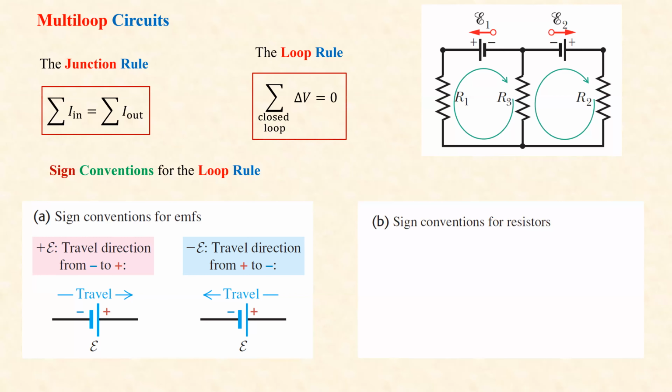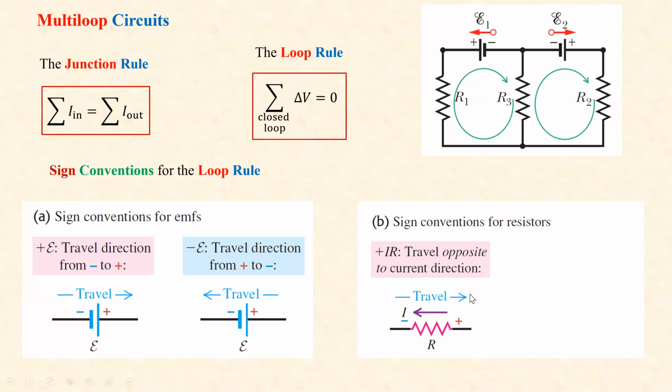And then for resistors, if you know the direction of the current through the resistor, and you go against the current, because the current goes from the positive side to the negative side, or from higher potential to lower potential, if you go against the current, you're increasing the potential.